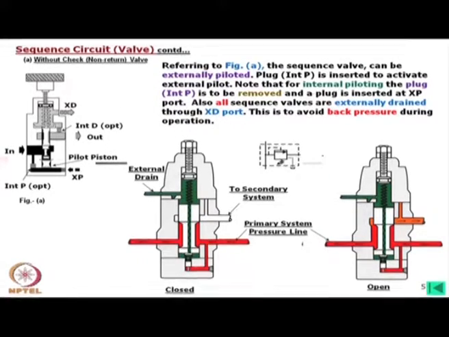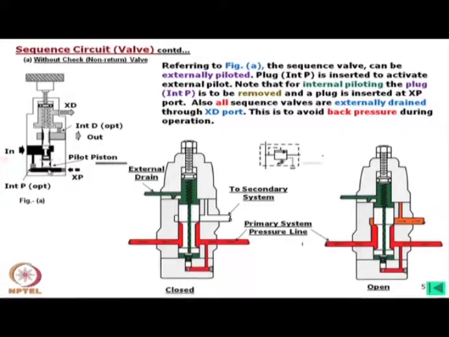Now, referring to this figure, the sequence valve can be externally piloted, we can operate this one externally. This means that when we give the signal here, this moves and oil goes out. Now, the basic principle is that in case of external operation, first of all we have to plug this one, then oil is coming here and the pressure on this side and this side are the same, so it is not moving.